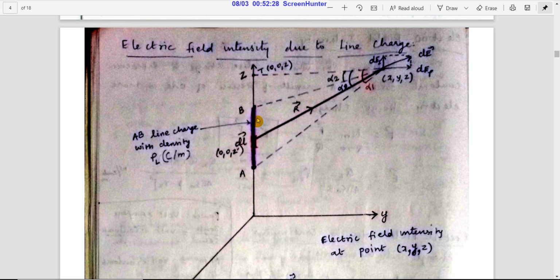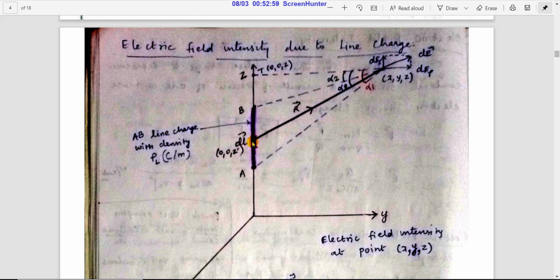So here you have the charge distribution from A to B. The angle from the projection of point A is alpha 1. The angle from the point B, the second edge of the charge distribution, is alpha 2.